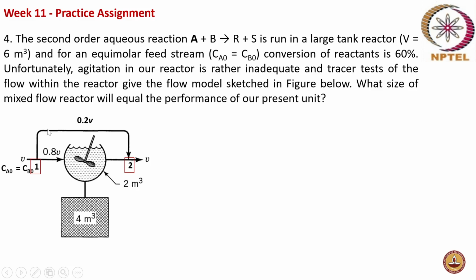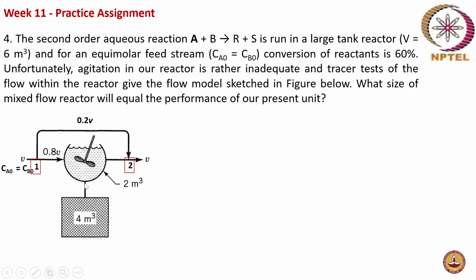One is there is some bypassing. From the total volumetric flow, only 80% of the volumetric flow rate of the feed enters the reactor, and 20% just gets bypassed. Also, though the reactor volume is 6 meter cube, 4 meter cube is dead volume, and only 2 meter cube is the active reactor.